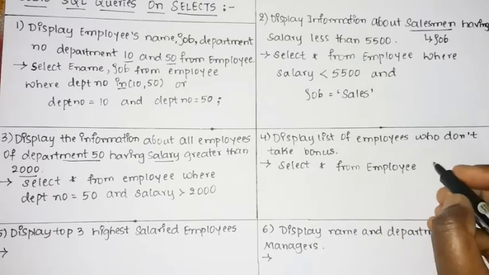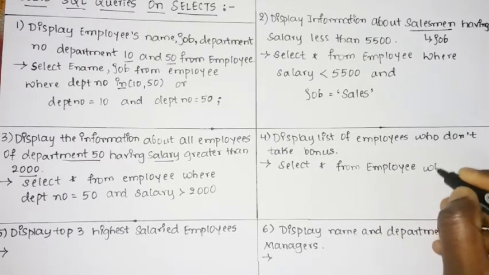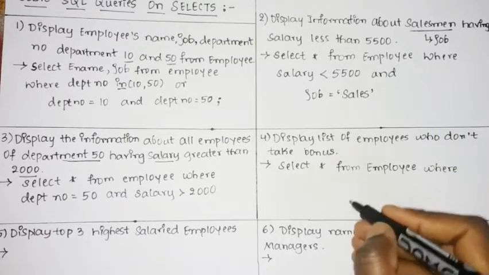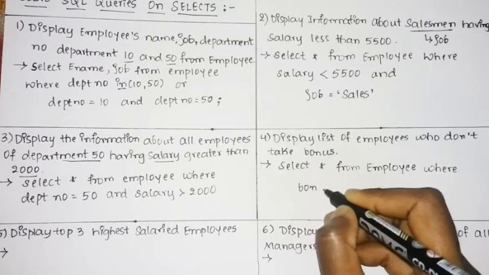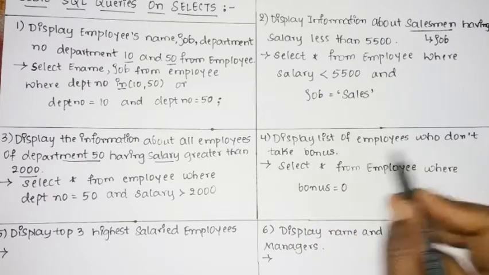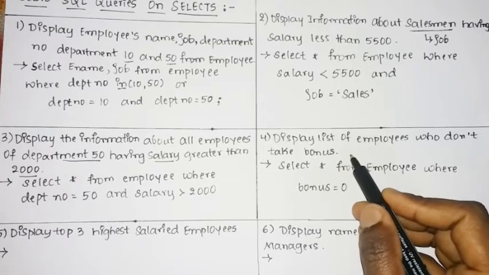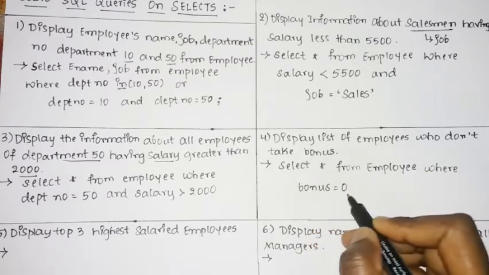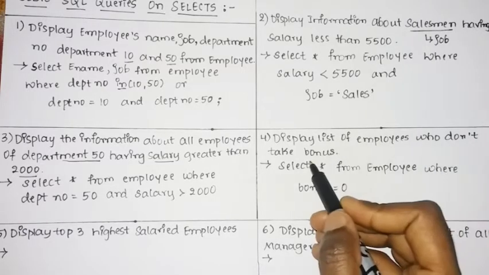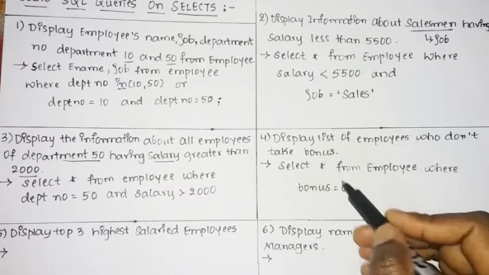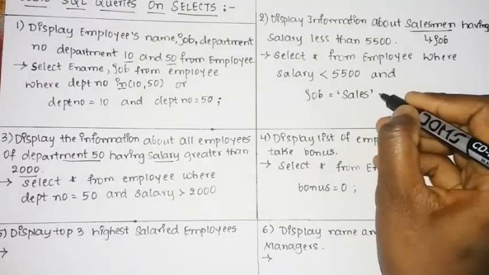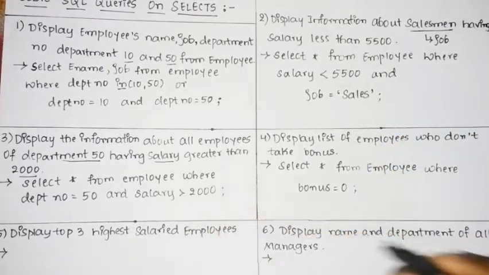Who don't take bonus means you specify the condition using the where clause: where bonus equal to 0. If they specify who take the bonus 2000, then you would specify where bonus equal to 2000. But they have asked for employees who don't take bonus, so select star from employee where bonus equal to 0. You can insert a semicolon after the query.